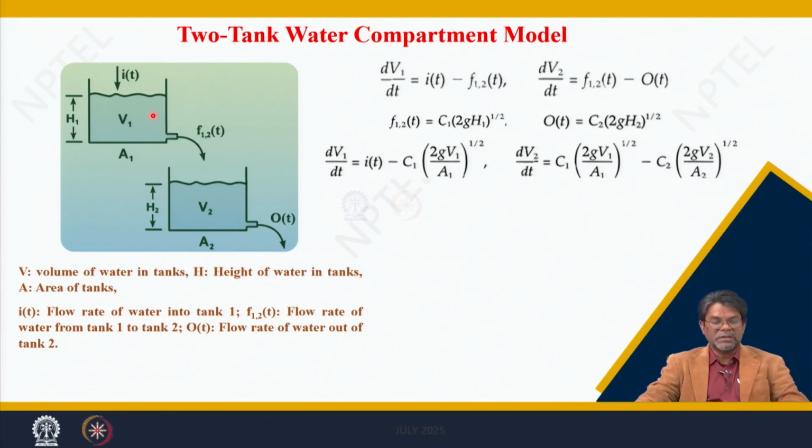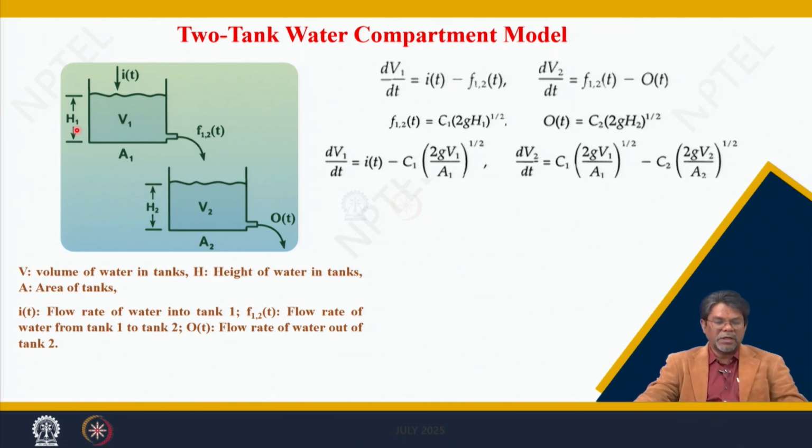So, what is the change of the volume of water in tank 1 with respect to time? If you see dV1/dt, V1 is the state variable, the volume of water in tank 1, and this is the change in volume with respect to time. That is equal to the inflow rate minus the outflow rate. As we discussed earlier, the rate of change of a state variable is represented by the inflow and outflow.